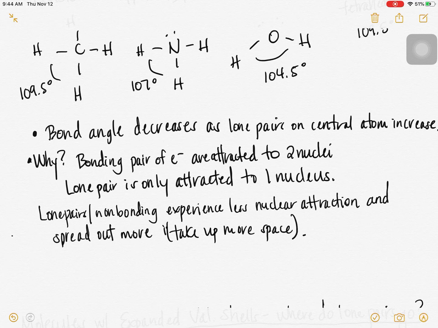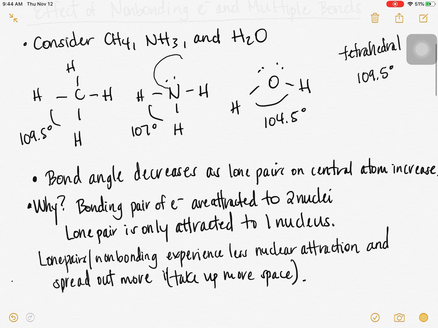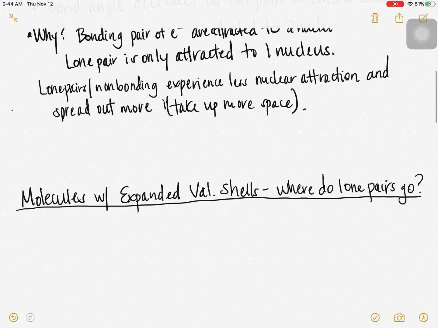Okay, so you can kind of think of it almost like a balloon, and if this was a balloon on the nitrogen, it's taking up more space, and then it's causing the other angles to compress a little bit, and that's why they're not exactly 109.5. So they spread out, taking up more space, causing angles to compress.